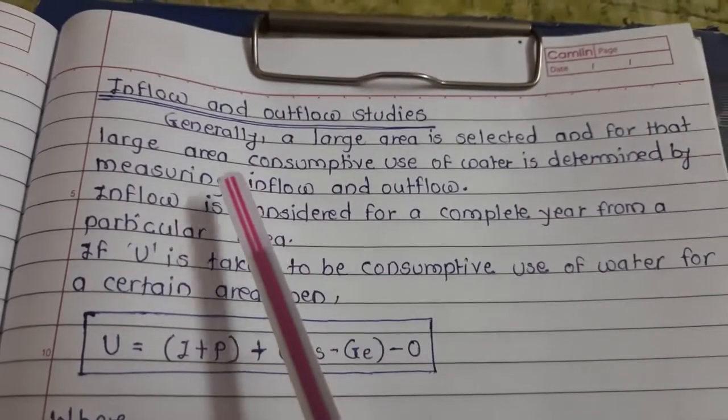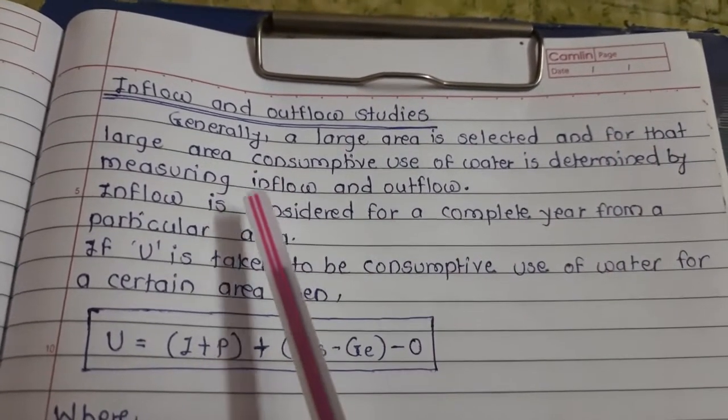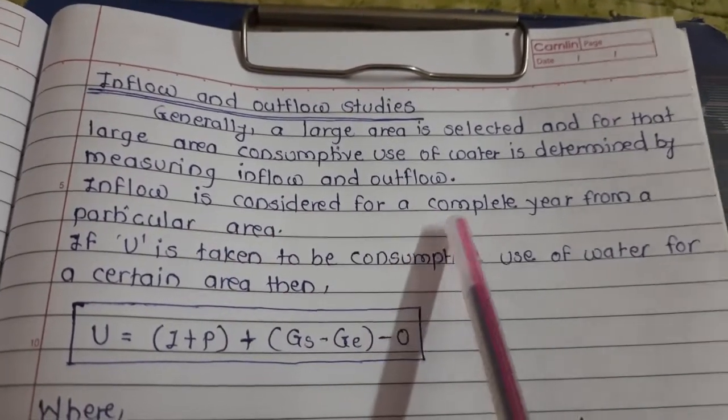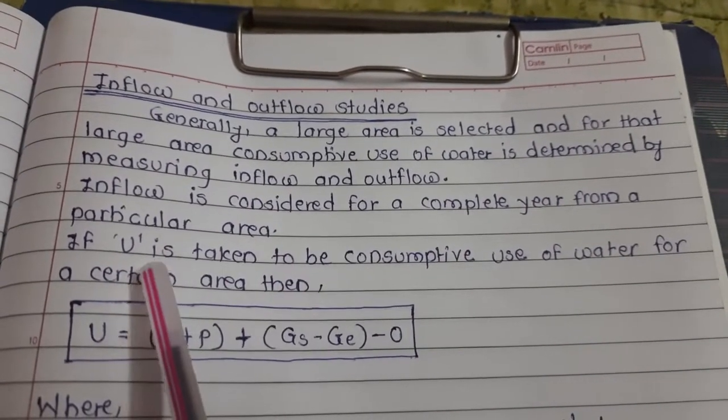For that large area, consumptive use of water is determined by measuring inflow and outflow. Inflow is considered for a complete year from a particular area.